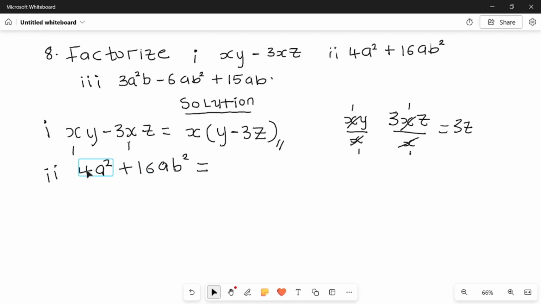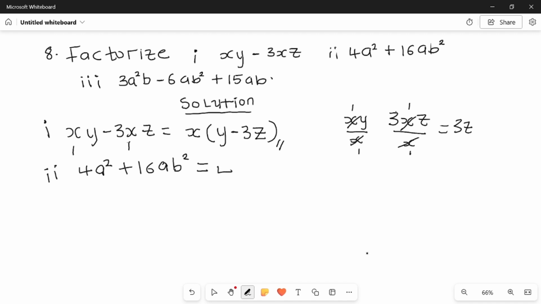But if we use 4, 4 can go into 4 to get 1. 4 can go into 16 to get 4. Similarly, there's a here, there's a here. So if we divide a here, we'll get a squared divided by a, we'll get a. Then a divided by a here, we'll get 1. So what is common between them should be 4a, right? So let's use 4a.